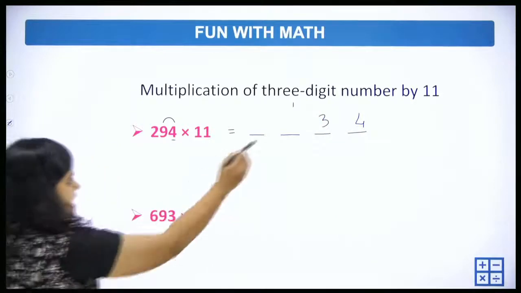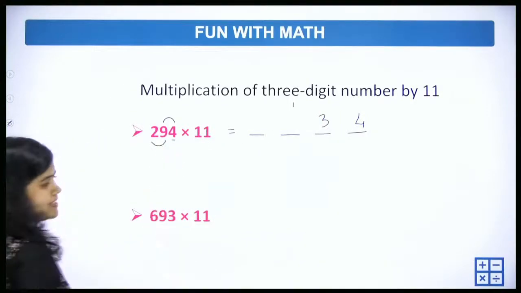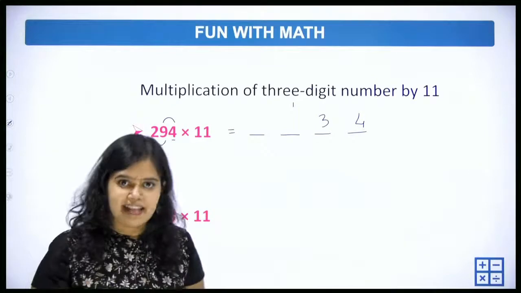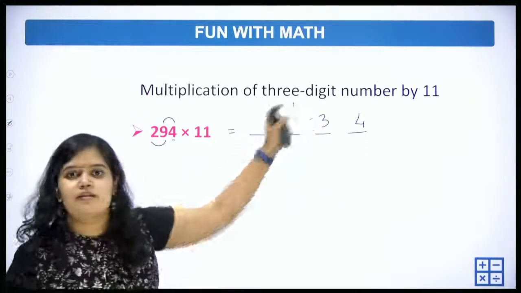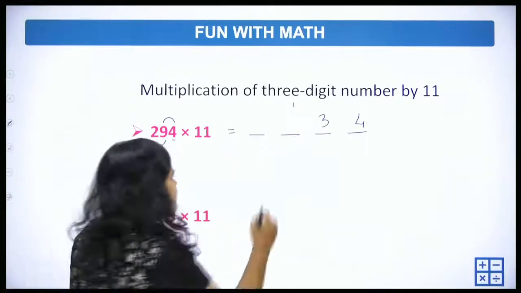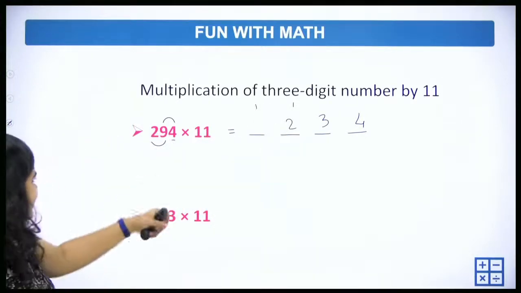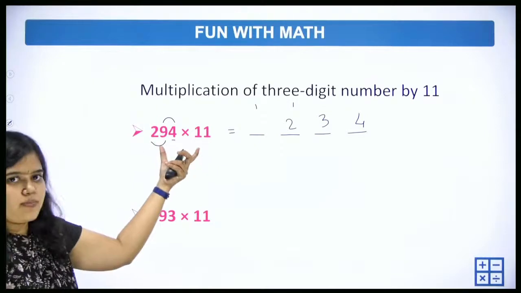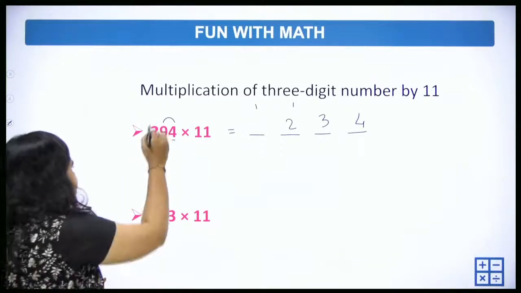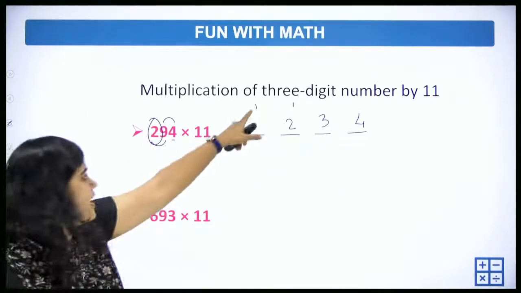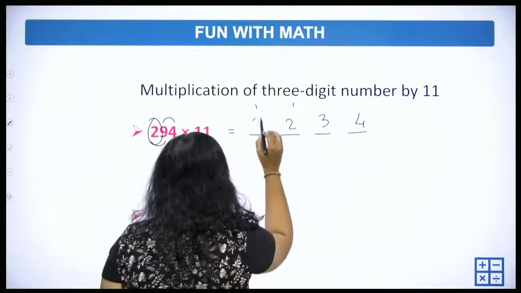Next, hundreds place is 2 plus 9. 2 plus 9 is 11 and we already have 1. So this becomes 12. So 2 here and 1 carried. Right. And then coming to the thousands place, 2. What is the last digit? 2. And we already have 1. So 2 plus 1, 3.